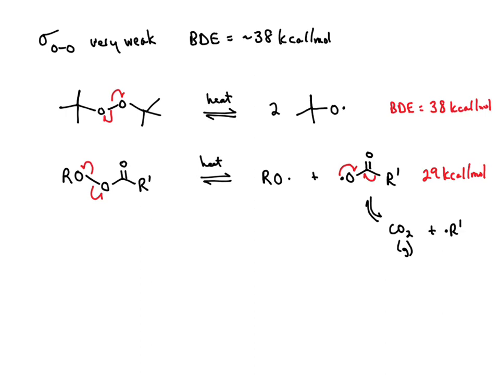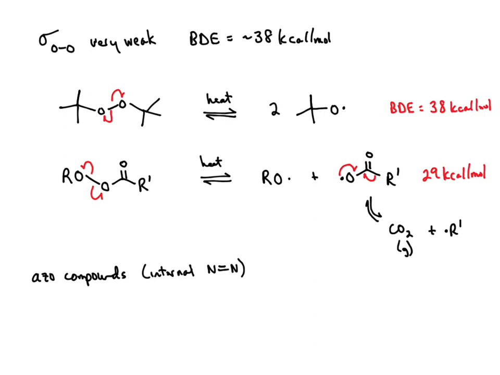The other example are the azo compounds. And so azo compounds contain an internal nitrogen-nitrogen bond. And that's actually an internal nitrogen-nitrogen double bond. And what this might suggest is that you have a small molecule inside there that is highly, highly stable, the nitrogen gas.